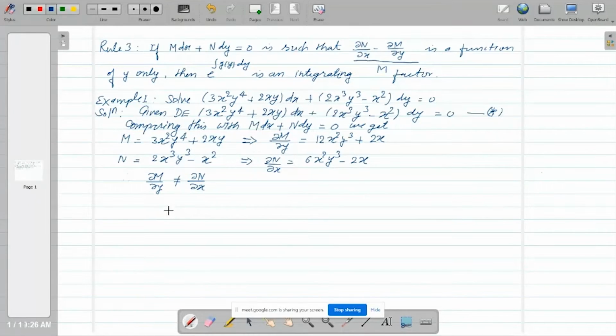Therefore we can say that the given differential equation is not exact.